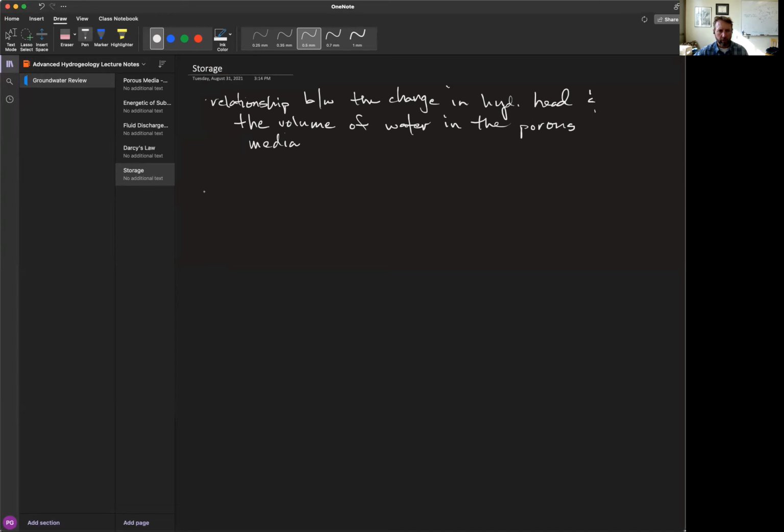All right. So let's define our first storage parameter, and that's called the storativity. This will get the big S. We're going to start off thinking about confined aquifers.